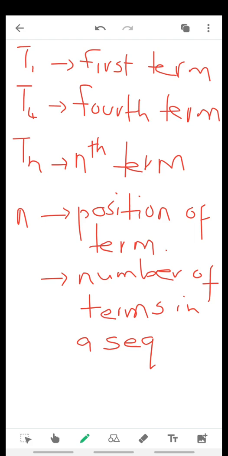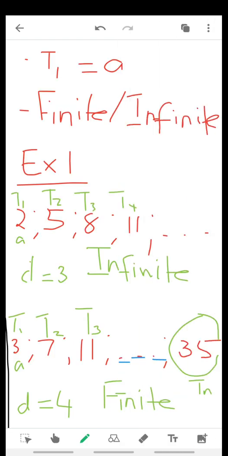Okay, and then n, very important. What does n represent? N represents the position of the term. When I write T3, that means 3 is the third position. As a result, when we look at the first one, under example 1, what is our T3?